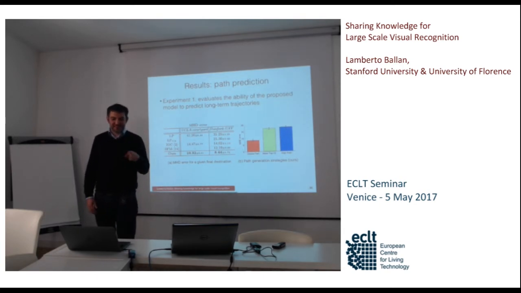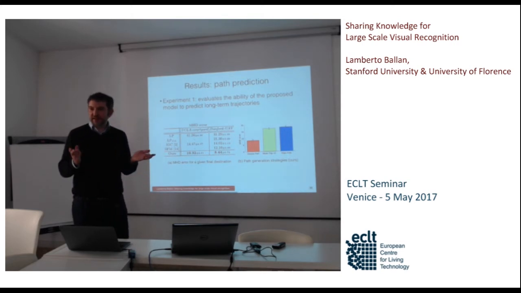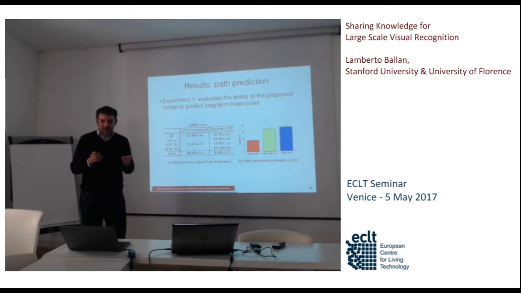There is a work by another colleague, Alexandre Alahi, that maybe some of you know, a paper called Social LSTM, and they did exactly this. The model they use is an LSTM, a recurrent neural network, and the prediction is exactly the same task.